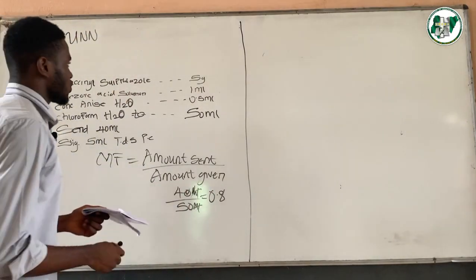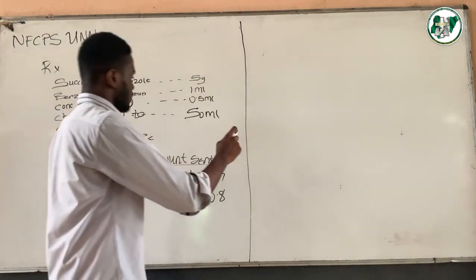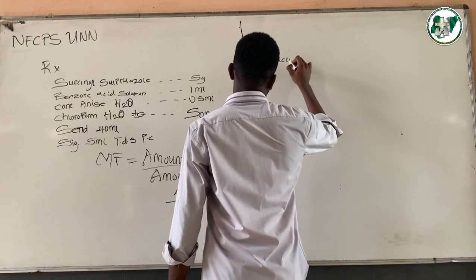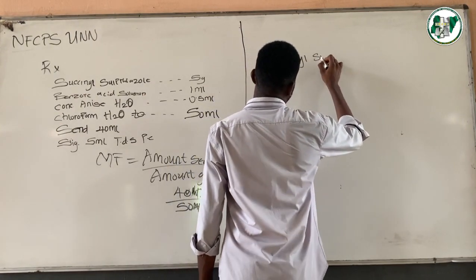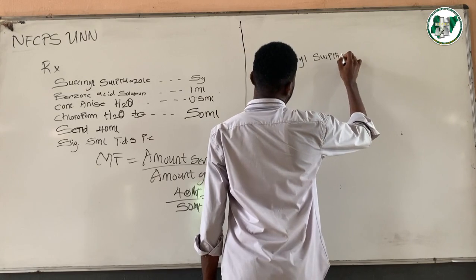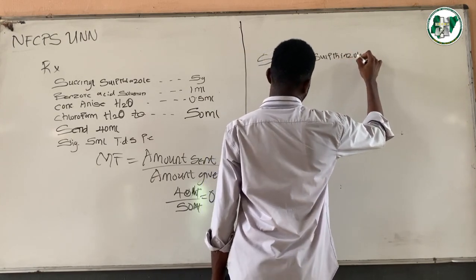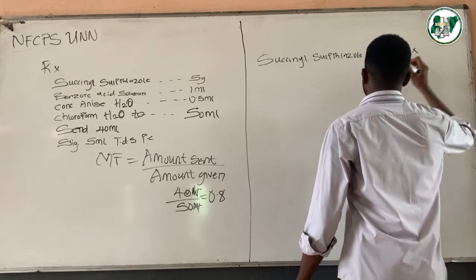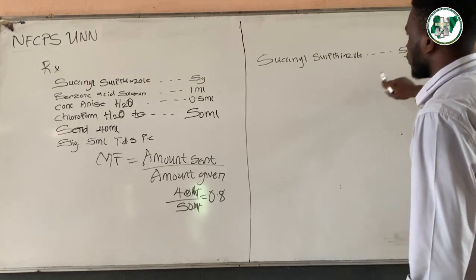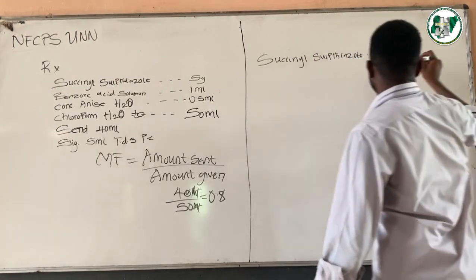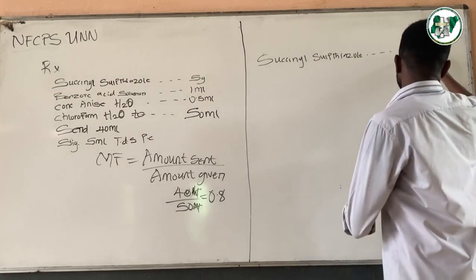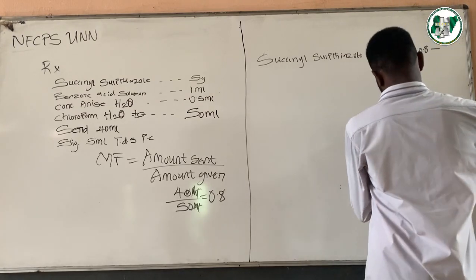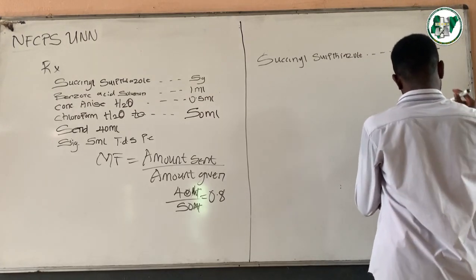So the next point we go to is to get our working formula. Now, succinyl sulfathiazole: multiply the amount given here by the multiplication factor, which is 0.8, which gives us 4 grams.